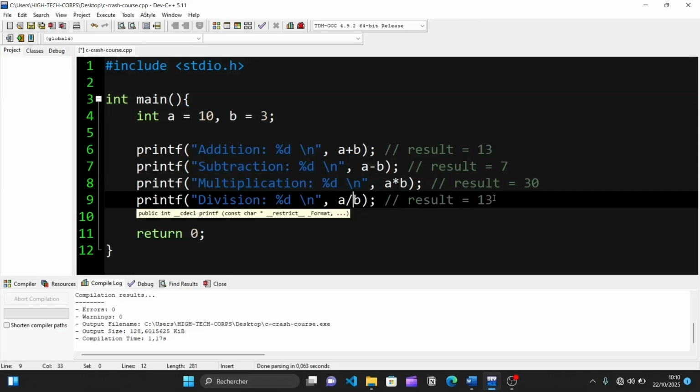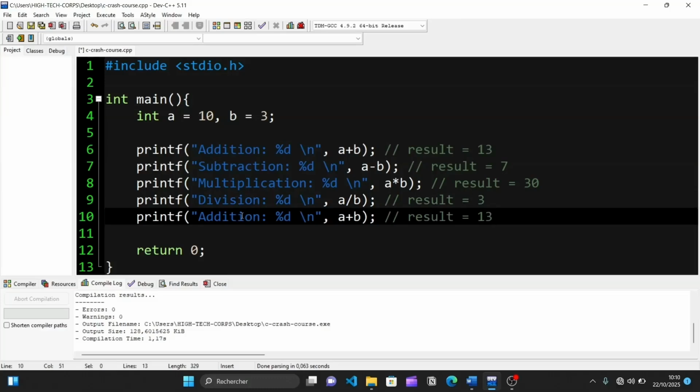So 3 here is known as the quotient of our result, while 1 is known as the remainder. So when we use the division operator, it gives us only the quotient part of this result, and the next operator which we are going to see, which is the modulus operator, is what is going to give us the remainder of the answer. So normally 10 divided by B in C programming is going to give a result of 3.